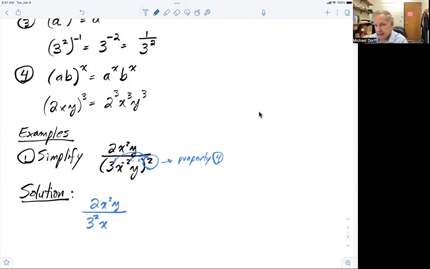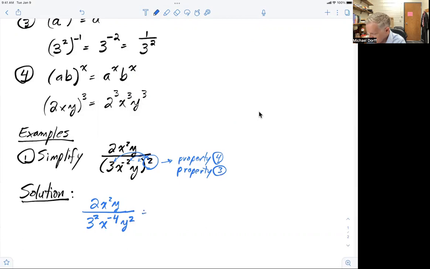Now I'm multiplying a negative 2 times a 2 because the 2 is outside, so I'm also using property number 3 here. When I multiply the 2 by the negative 2, that gives me a negative 4, and then I have y to the 2nd power.